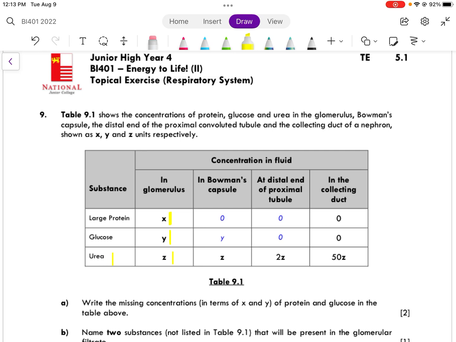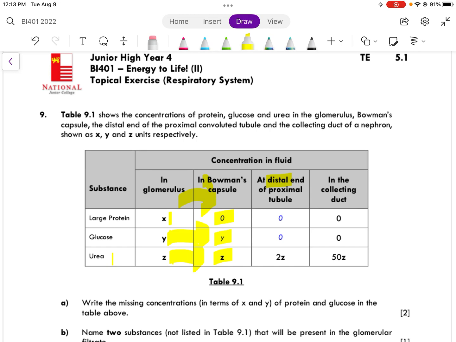So after ultrafiltration has occurred from the glomerulus into the Bowman's capsule, what can you expect to find inside the Bowman's capsule? You will find that there will be 0 of large protein because that stays behind in the glomerulus. You'll find that glucose and urea will both pass through, so the concentration is the same. By the time it hits the distal end of the proximal convoluted tubule, distal means far away, that means it's nearing the end of the PCT.